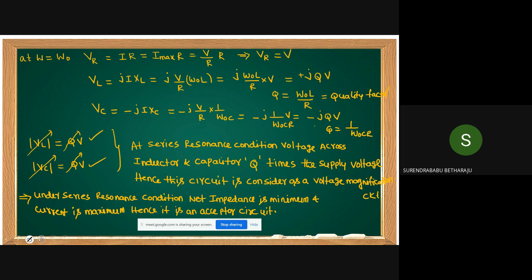Then here I want to explain bandwidth. Very important. What is the bandwidth with respect to series resonance? That expression is also very important for solving problems. Bandwidth is one concept, and selectivity is one more concept with respect to resonance.